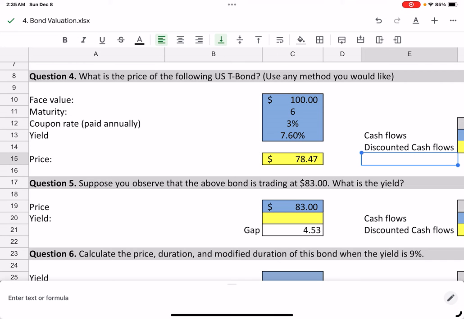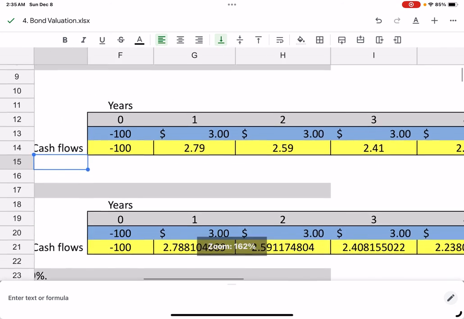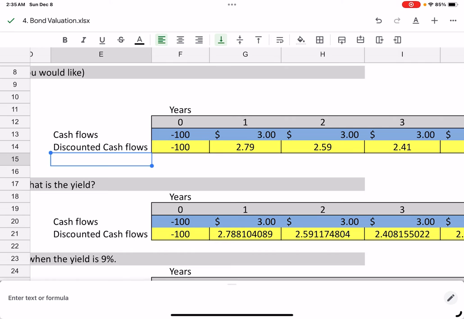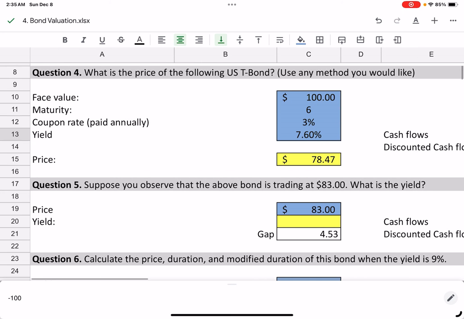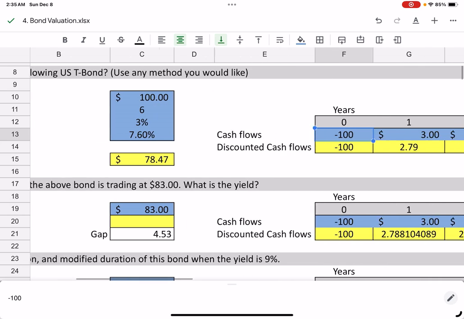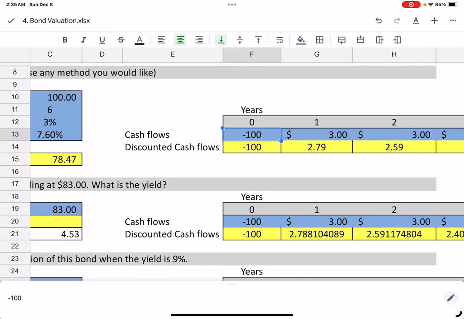We can calculate this by using the net present value function, and for that we will write down the cash flows which we are going to receive from this bond. Right now we are standing at year 0 and our cash flow is negative 100, because this is how much we paid for this bond. We purchased this bond for $100, so this is our cash outflow at year 0.